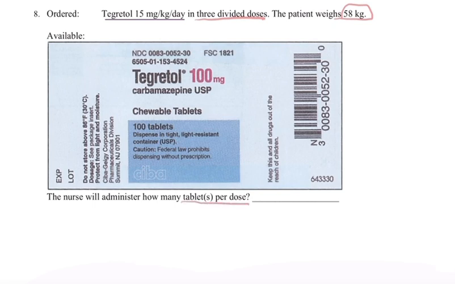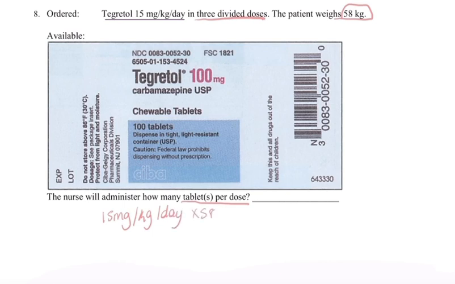Now, how I'm gonna work this math is I'm gonna work it based on the day and what they give us, and then I'm gonna break it down to what they're asking for, which would say the nurse will administer how many tablets per dose. Now it states that 15 milligram per kilogram per day is ordered.